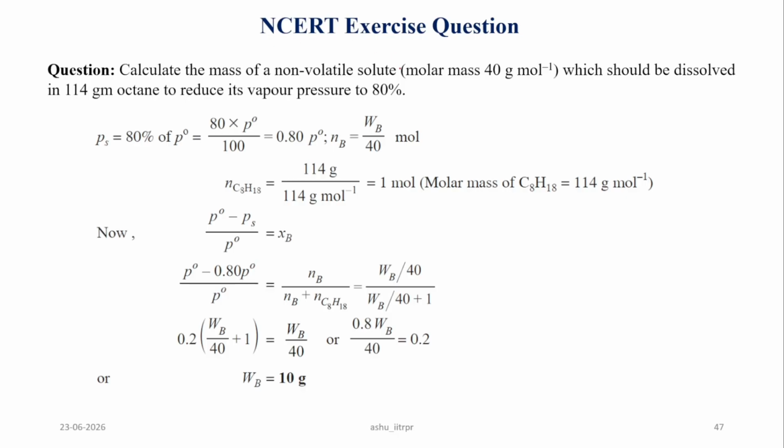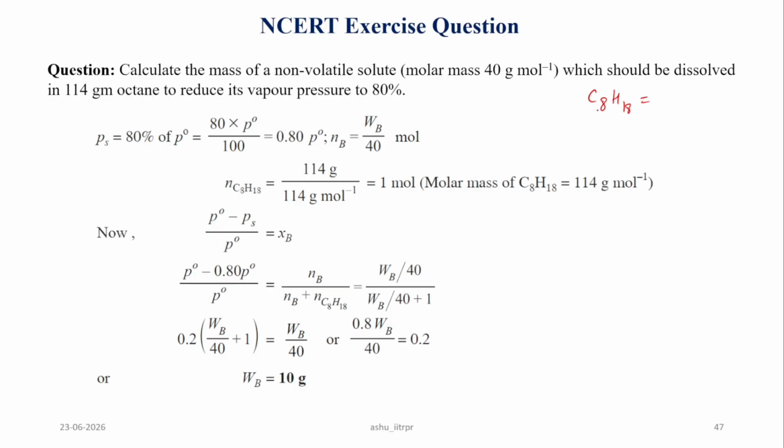So calculate the mass of non-volatile solute. Molar mass is given, and we have to calculate the mass of the non-volatile solute. That means we have to find WB, the weight of solute, which should be dissolved in 114 gram octane to reduce its vapor pressure by 80%. Octane has 8 carbons, so its formula is CnH2n+2, that is C8H18.